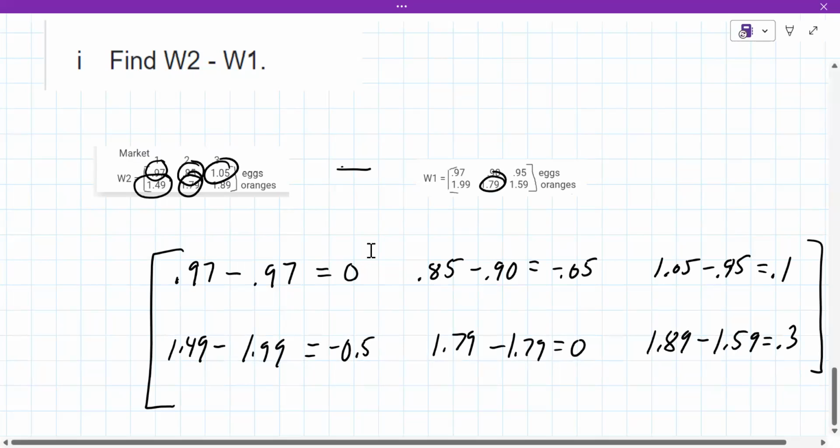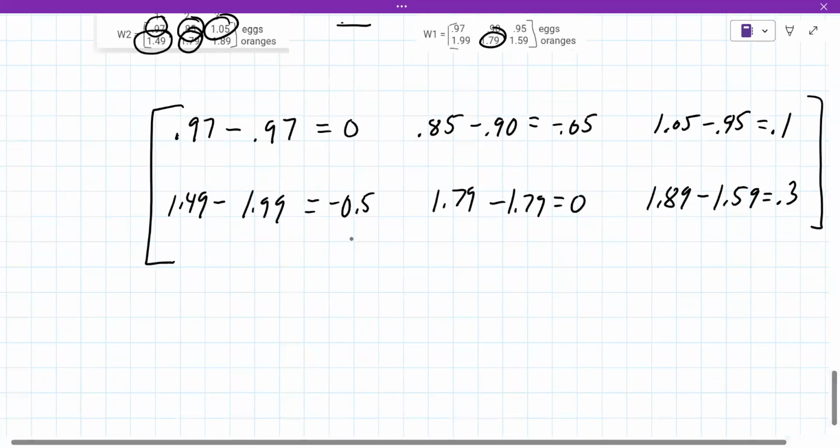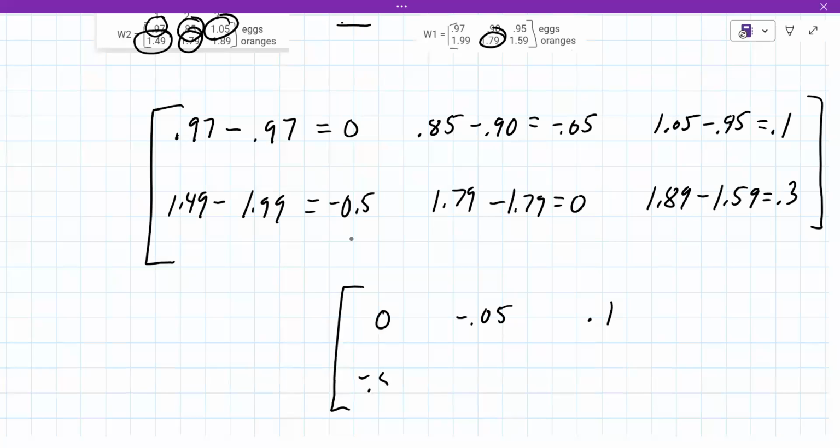This is showing your work, but the answer just requires the outputs. So 0, negative 0.05, 0.1, minus 0.5, 0, and 0.3. This is the result. So you're literally just subtracting. It probably feels like there's a complicated thing, but you're just subtracting, no big deal.